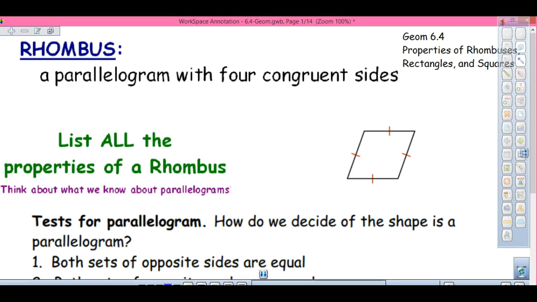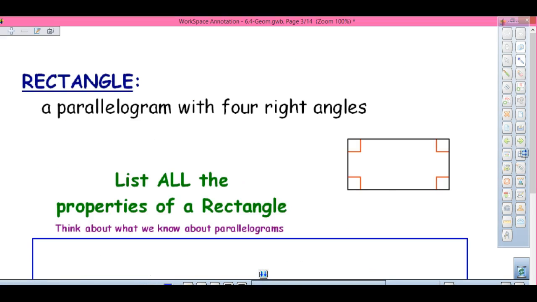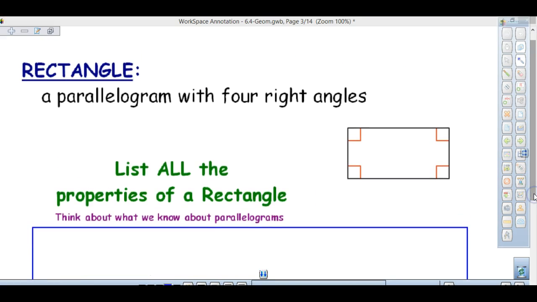Okay, so a rhombus. The definition of a rhombus is it has 4 congruent sides. It's a parallelogram with 4 congruent sides. So if we talk about properties of it, first we're going to talk about all 3, I guess.